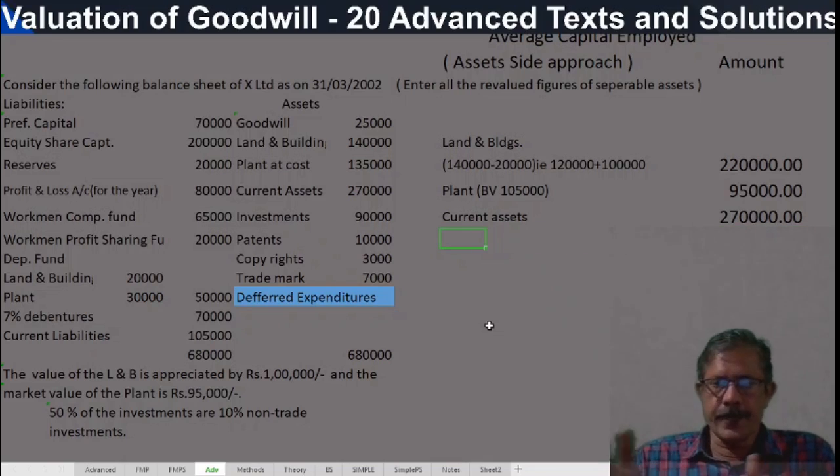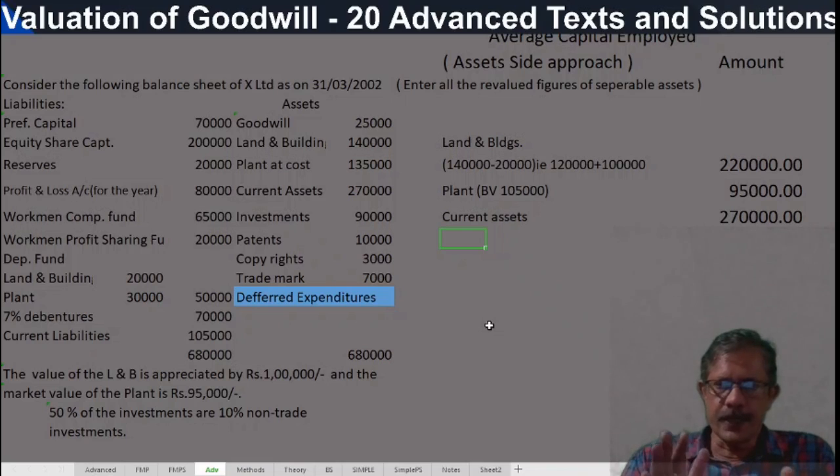Investments may be non-trade investments and trade investments. Only trade investments are considered here. Why only trade investments? Because we are calculating the operating value of the business, how much capital is employed in the business for earning revenue.